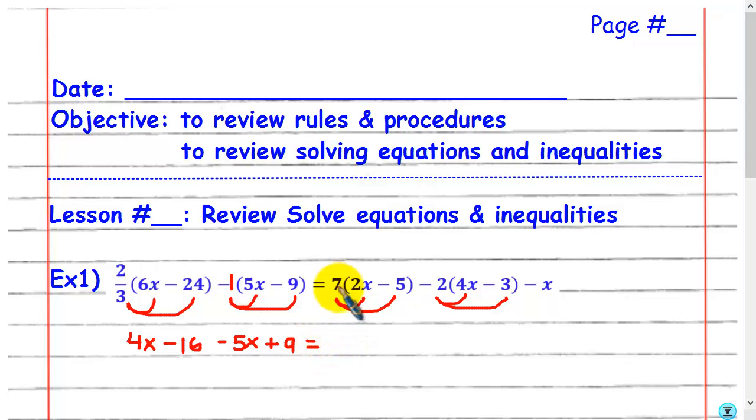Alright, then we do this side over here. 7 times 2x is 14x. 7 times negative 5 is negative 35. And then negative 2 times 4x is negative 8x.